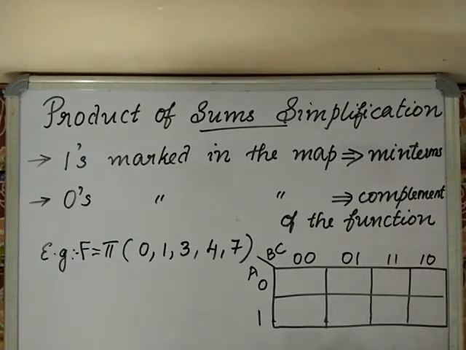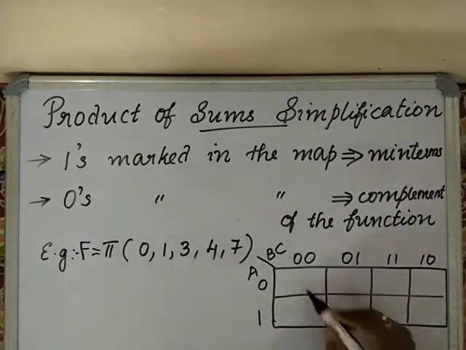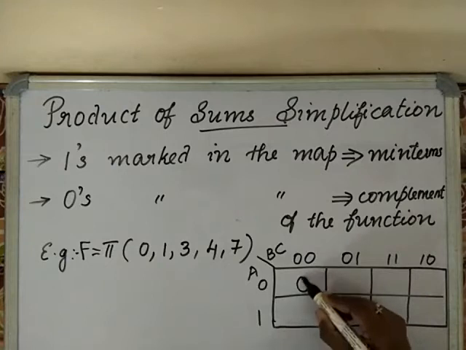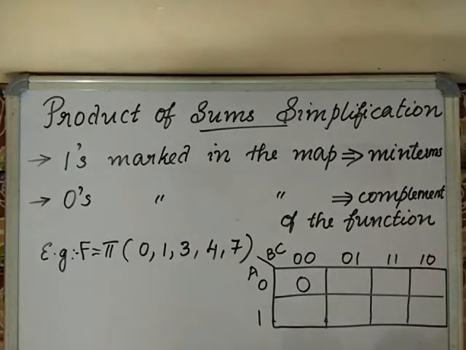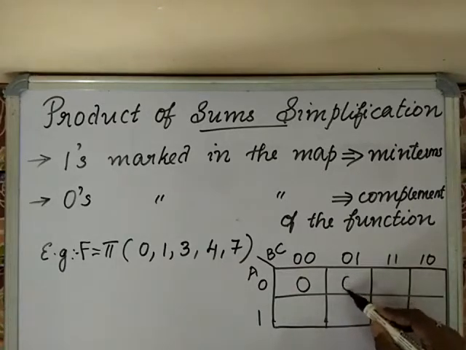Since the largest number is 7, we need only 3 bits to represent it. So our K-map size is 2 by 4. Here, instead of putting ones in the K-map, we need to put zeros. The first term is 0, so we put a 0 in the square indicating 0. Second term is 1, so we put a 0 in the square indicating 1.